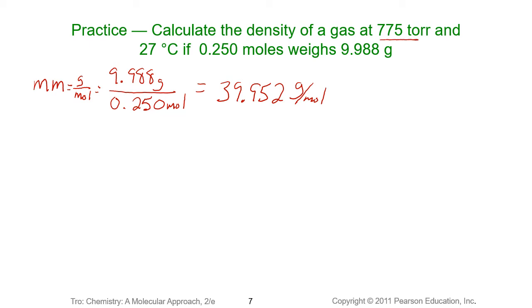We also have to convert our pressure and our temperature. In this case, our units are torr. Remember, 760 torr is 1 atmosphere.